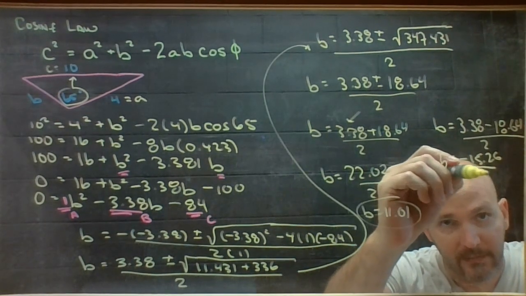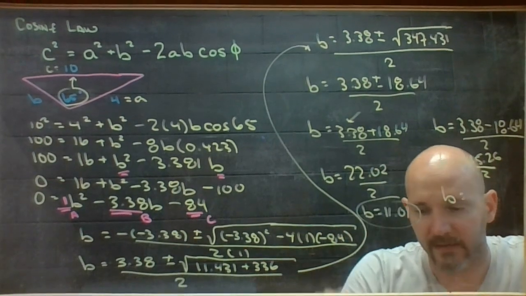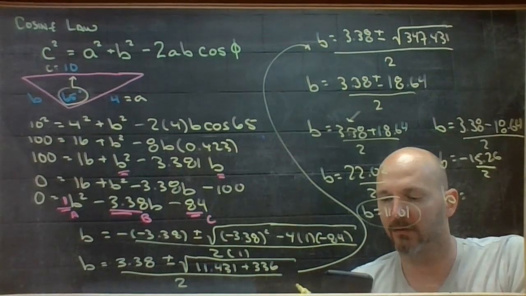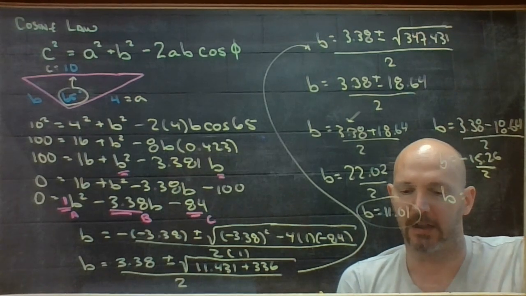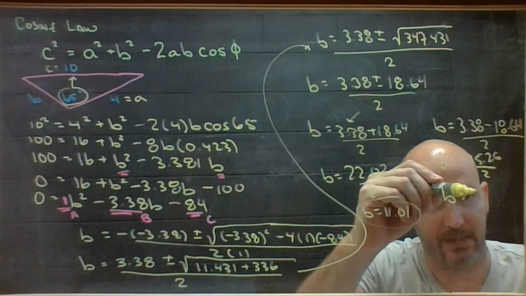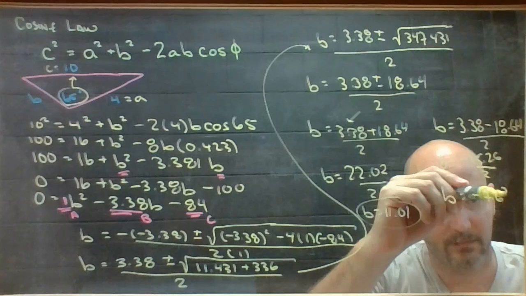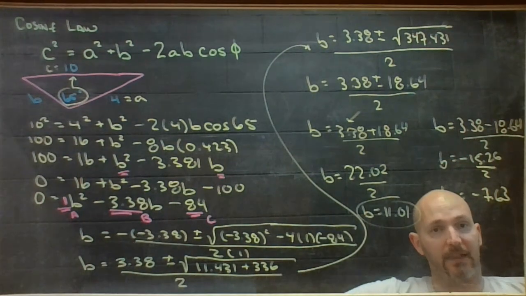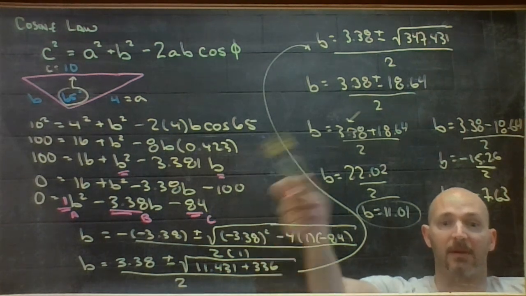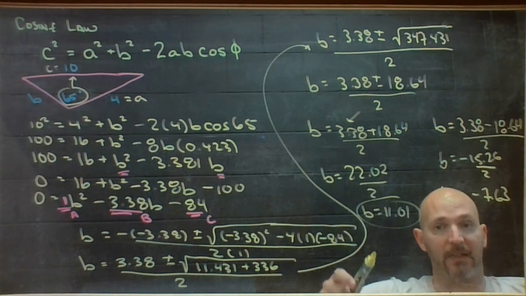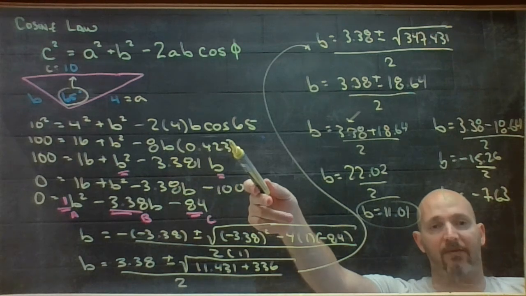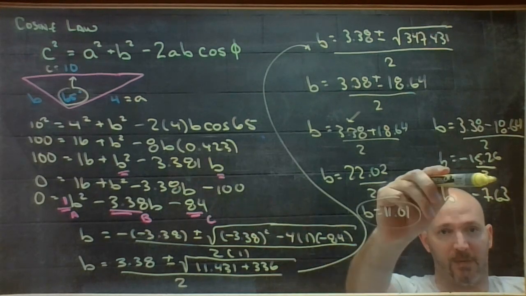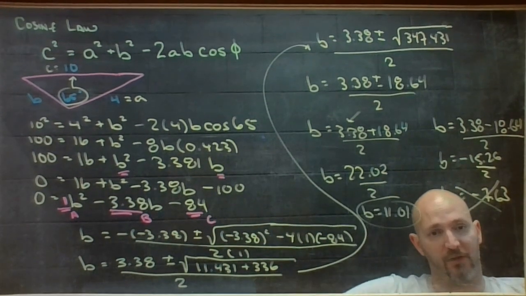Over 2, which means I've got negative 7.63. So, I mean, technically that's an answer. It did come out of all the algebra stuff, but a triangle can't have a negative side length. So by context, that solution isn't an option.